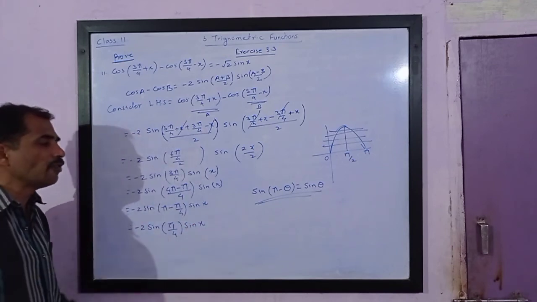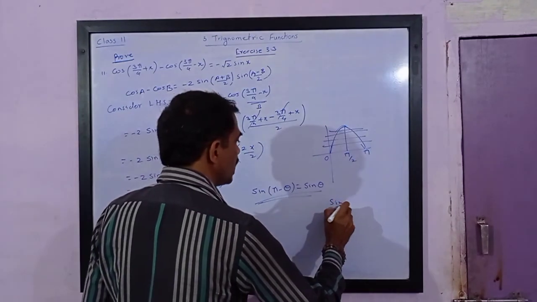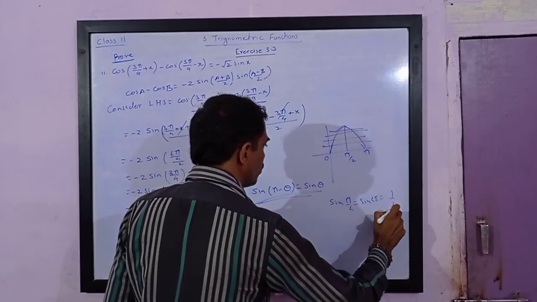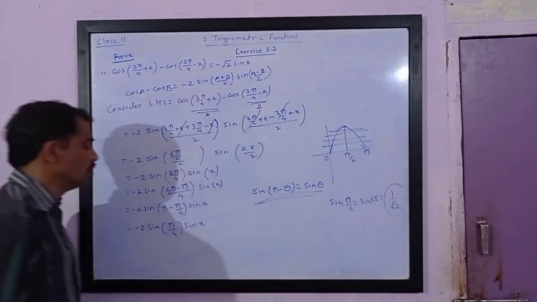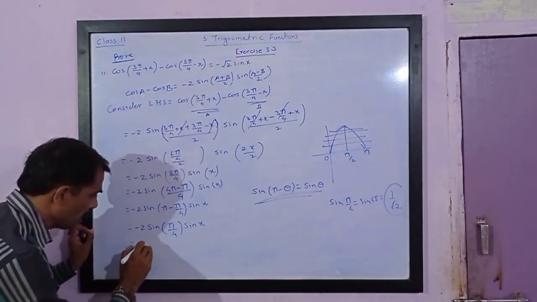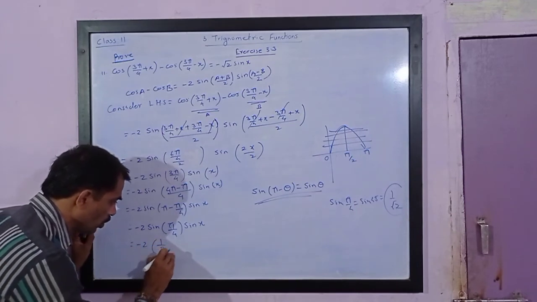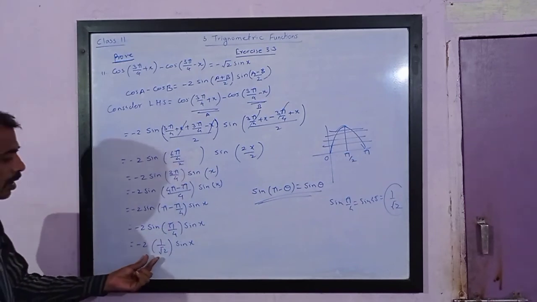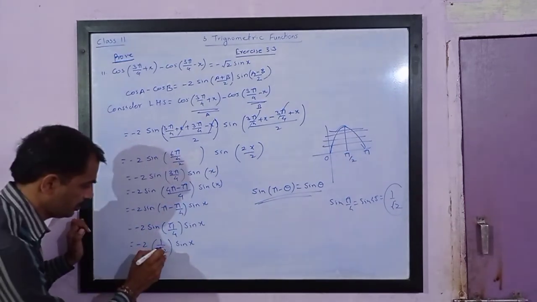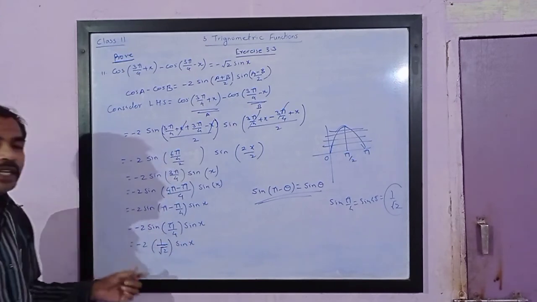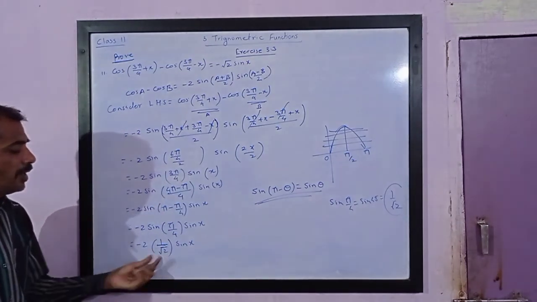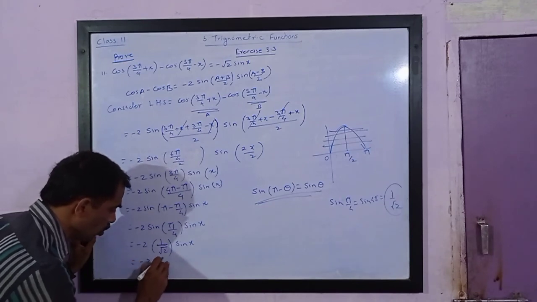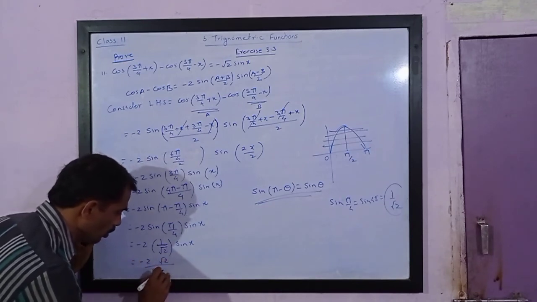Now sine pi by 4 is equal to sine of 45 degrees, and that is equal to 1 upon root 2. So if you put the value, you will get minus 2 times 1 upon root 2 into sine of x. In order to rationalize the denominator, we multiply by root 2. So we will get minus 2 times root 2 upon root 2 into root 2.